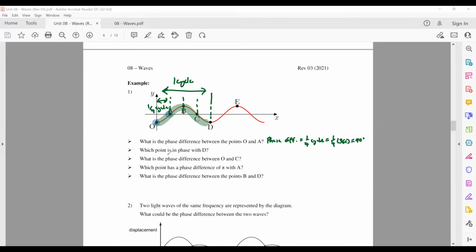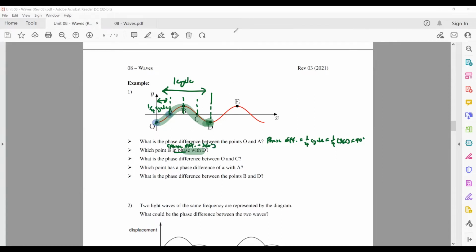Then which point is in phase with D? You need to find a point which has a phase difference of 360 degrees with D, or zero phase difference with D. But here, it is more relevant to find a point where you have a phase difference of 360 degrees.